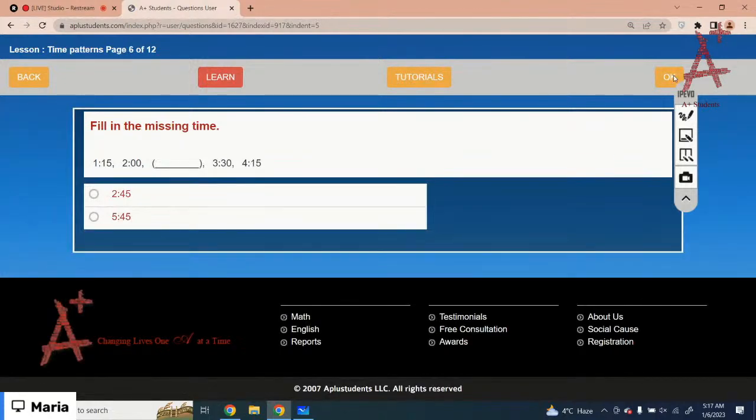Okay, fill in the missing time. So which time is missing? Each next time is 45 minutes ahead to the previous one. Got it?